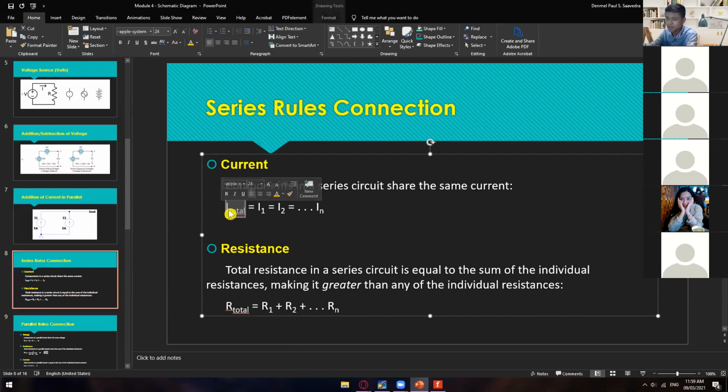Whatever is the I total is equal to I1, the first component that the current passes through, I2 if you have a second component, up to the end. So all of them are the same when it comes to current. And for the resistance, to get the R total, just add all of the resistance on that circuit, and then you'll be able to get the R total.